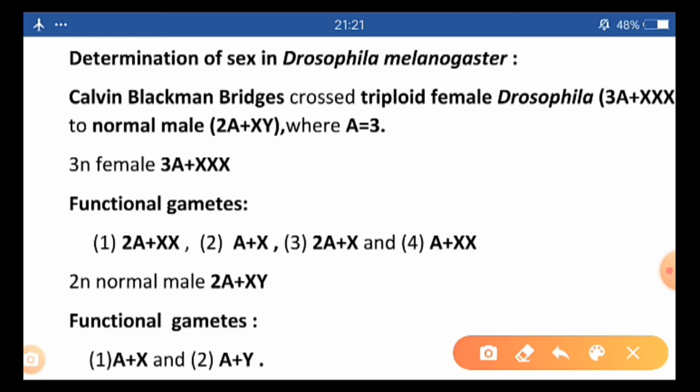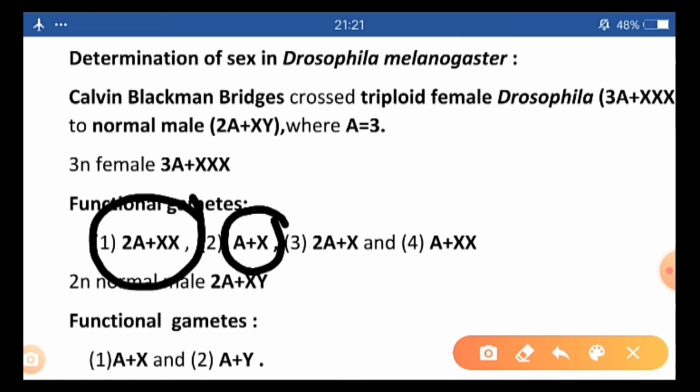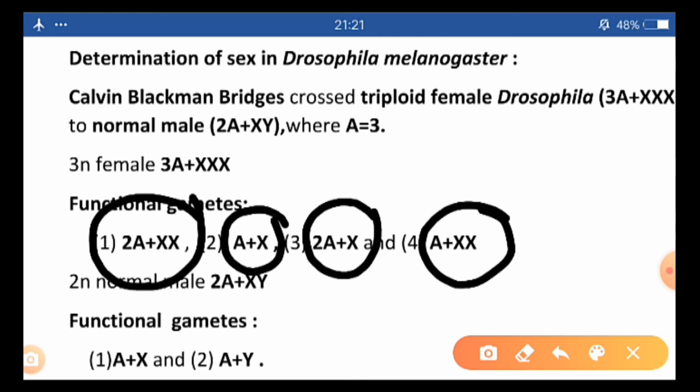So again, the first functional gamete may be 2A plus XX, second one is A plus X. If the third one is 2A plus X, then the fourth one will be A plus XX.